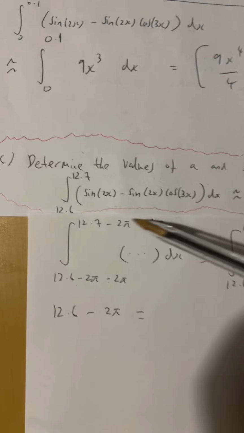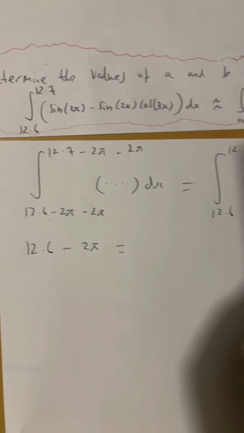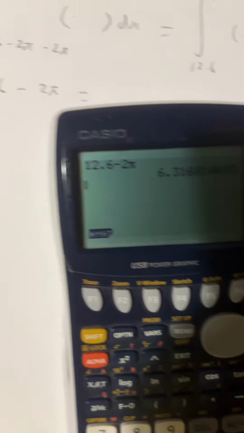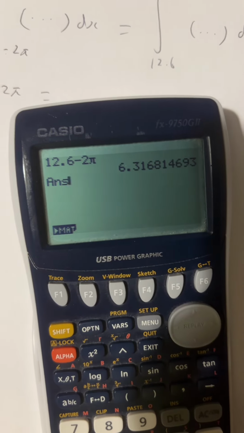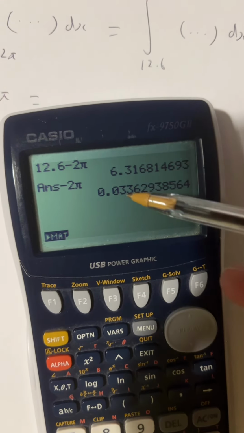So you can literally just do this: 12.6 take away 2 pi, see if it's small. Now 12.6 take away 2 pi is 6.3, not really small. Let's take away another 2 pi. So answer, take away 2 pi. Now this is pretty small, isn't it, right?